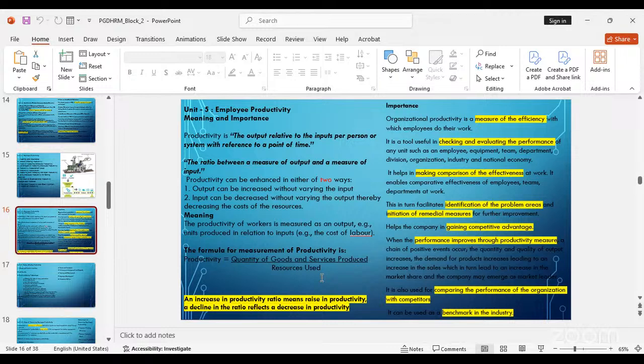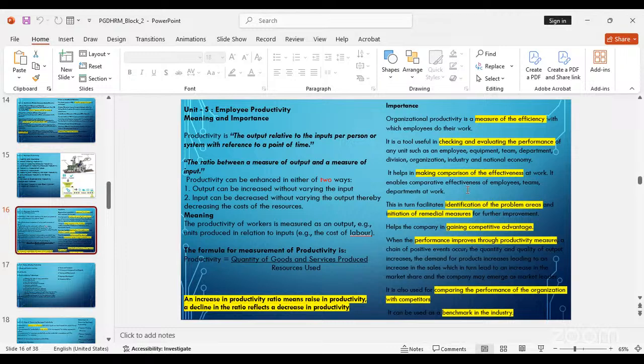It's a wonderful tool which can be useful to check and evaluate the performance of each and every one, like employees, equipment, teams, departments, divisions, the organization as a whole, as an industry, and as a national economy. It helps in making comparison of effectiveness at work.